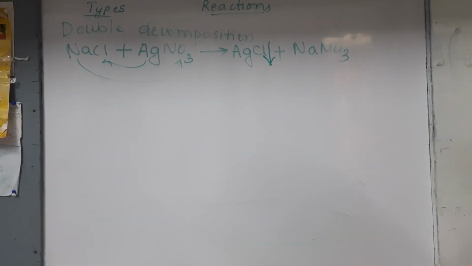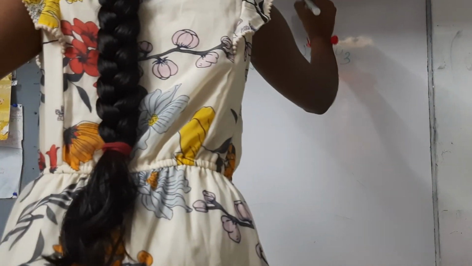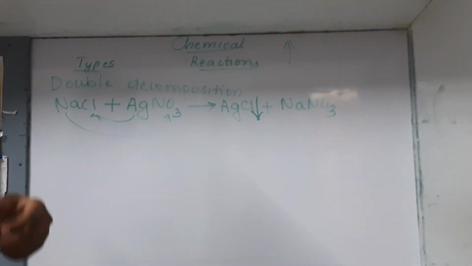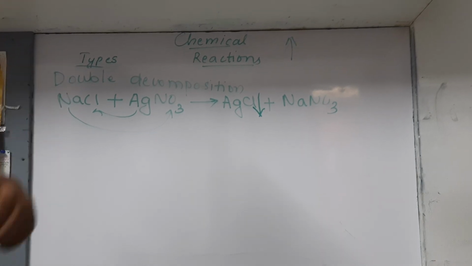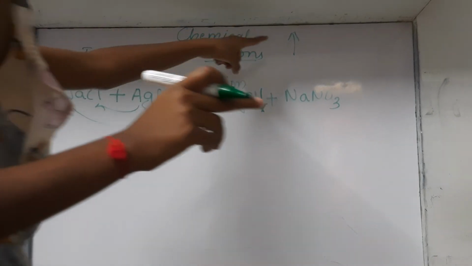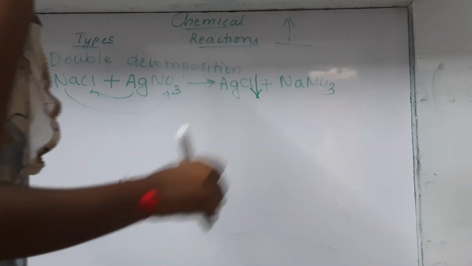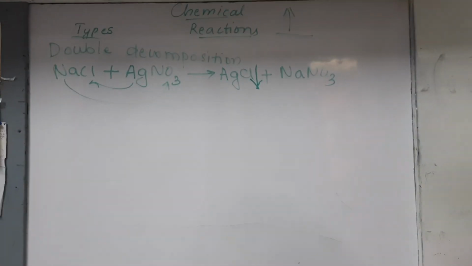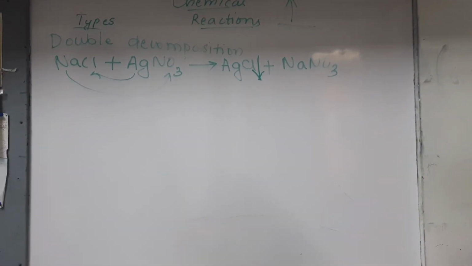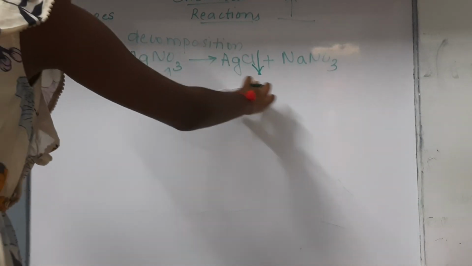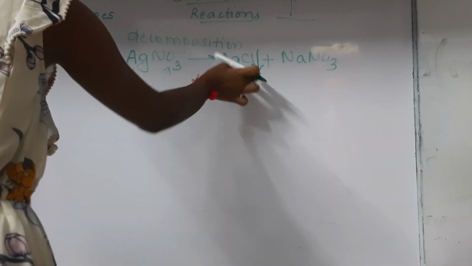When a gas is liberated, you will show it with an upward arrow. When a gas like H2, CO2, O2, N2, all these, is liberated, you show an upward arrow, and when a precipitate is formed, you show a downward arrow. And here the observation is white precipitate of AgCl. So the precipitate formed here is AgCl.